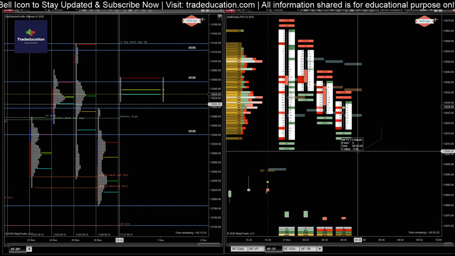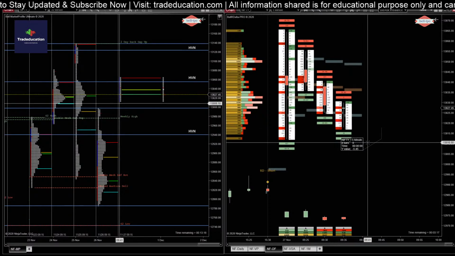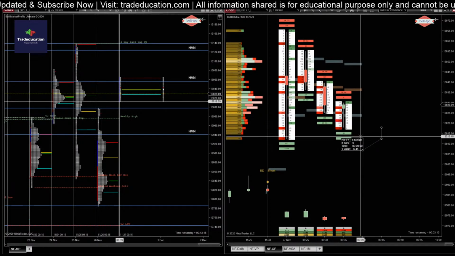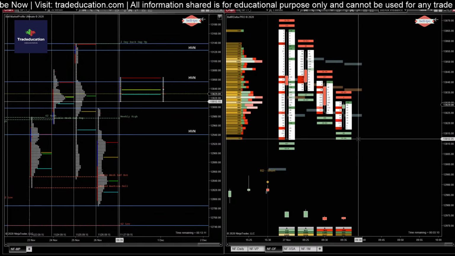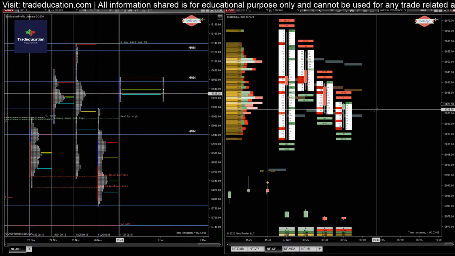This is just a 5 point range. You have to understand who is coming in 5 points away from the low, who is buying here.